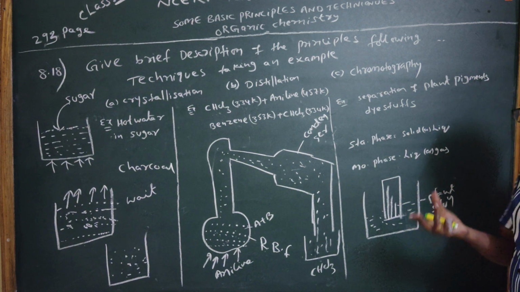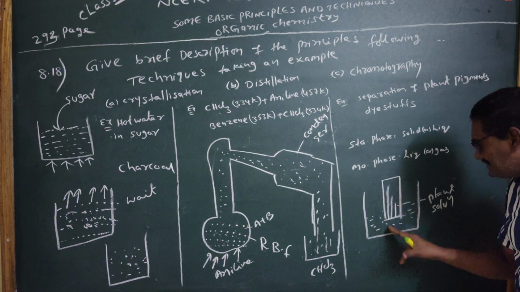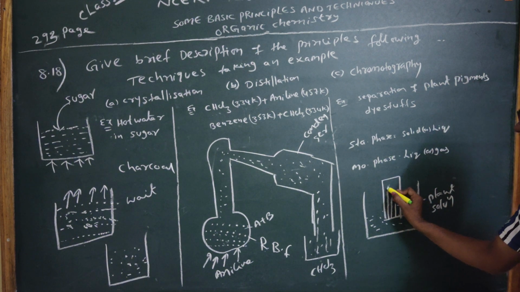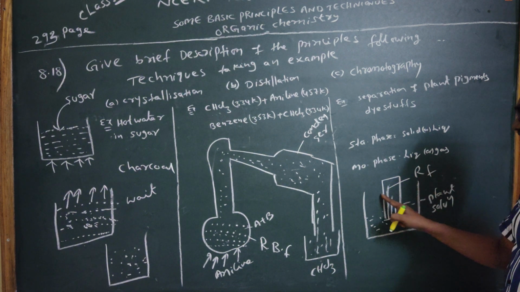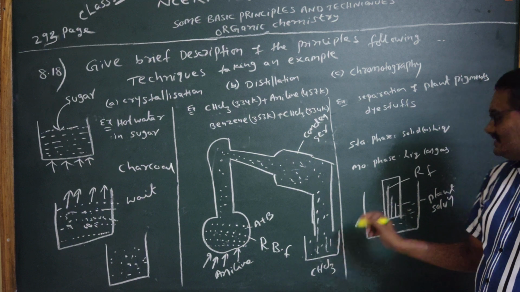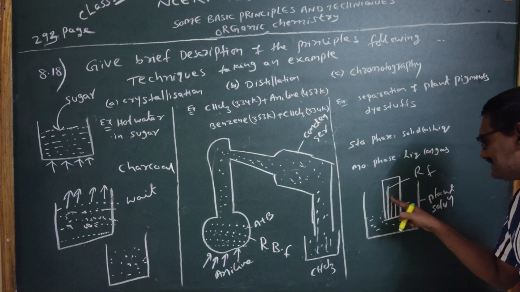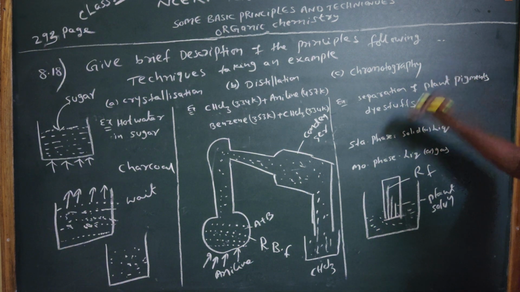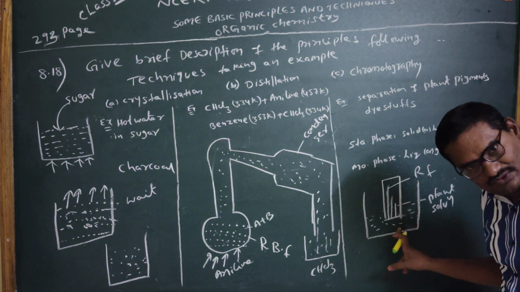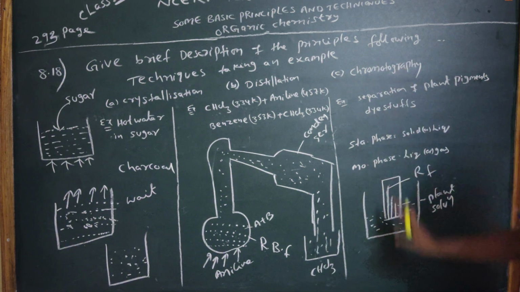For any number of pigments, that many lines are formed because the retardation factor, RF, is different for different colors. So however many colors are present in the solution, that many lines are formed. This is the chromatography technique.